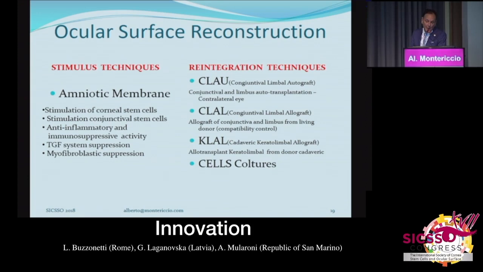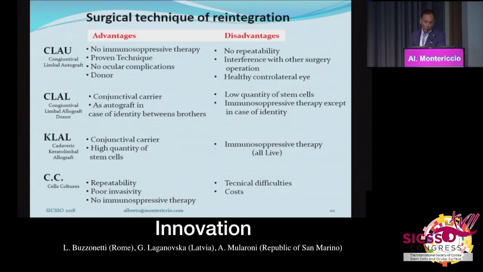Or we may also replace them by means of conjunctival limbal autograft. And here we need a sibling or a relative having exactly the same features for an allograft, or we can have a conjunctival limbal allograft from a cadaver, and finally we can resort to cell cultures.